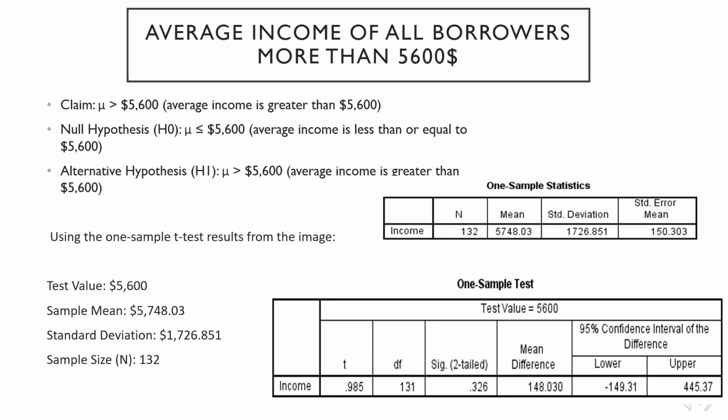Using the one sample t-test results from the image, test value $5,600, sample mean $5,748.03, standard deviation 1,726.851, and sample size 132.